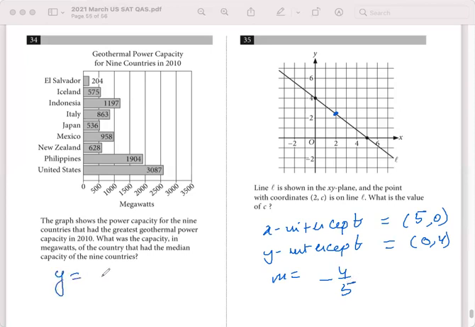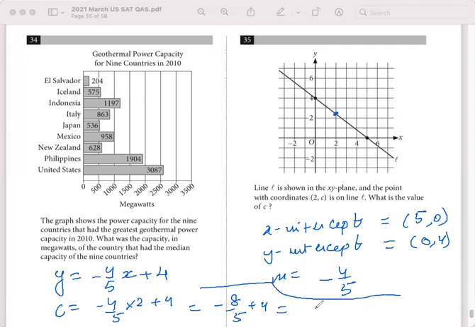So the equation is mx plus c, negative 4 by 5x plus 4, because the y-intercept is 4. So when x is 2, y is c, so c is minus 4 by 5 into 2 plus 4, which is minus 8 by 5 plus 4, which is minus 8 plus 20 by 5, which is 12 by 5, right?